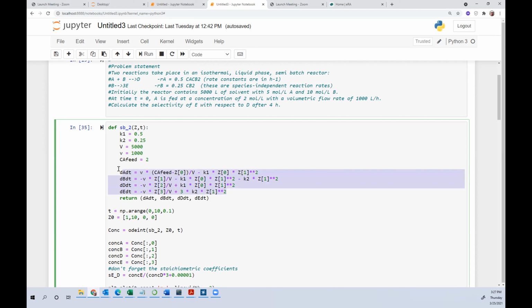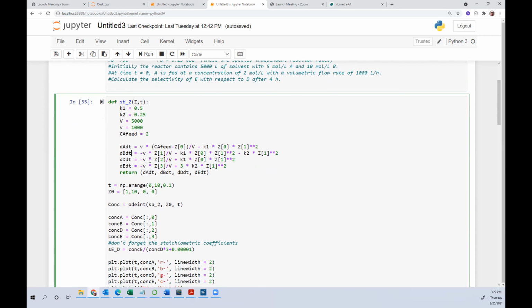So these are the ODEs, and I ask it to return dCA/dt, dCB/dt, dCD/dt, and dCE/dt. I'll post the link after class to a nice website that basically explains what these mean. You also give a range of solutions. So you're saying you want to solve this coupled system of ODEs, and you use np.arange.